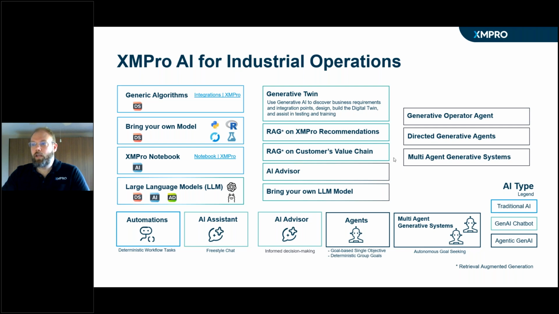How do we also start doing that on top of your own documentation as well? So how can we perform RAG, which is retrieval augmented generation, on top of your own data? We want to use your own data, your own manuals, etc., as part of that advisory capability, and then bring your own model. Maybe you've defined your own model and you don't want to use one of the available ones out there. You can bring that in as well.